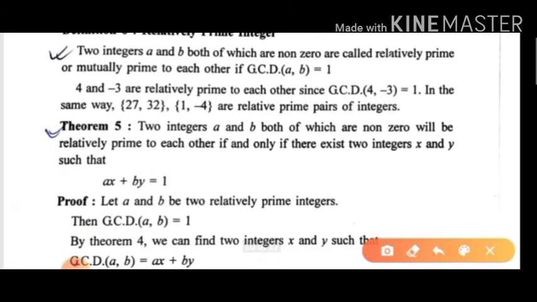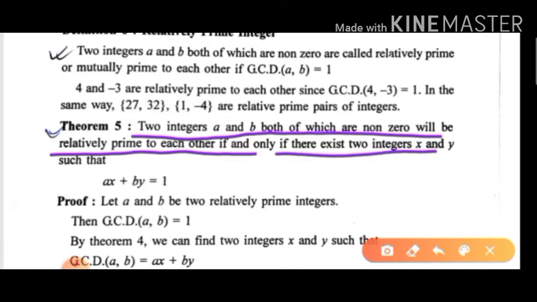Then another theorem: two integers a and b are relatively prime to each other if there exist two integers x and y such that ax plus by is equal to 1.